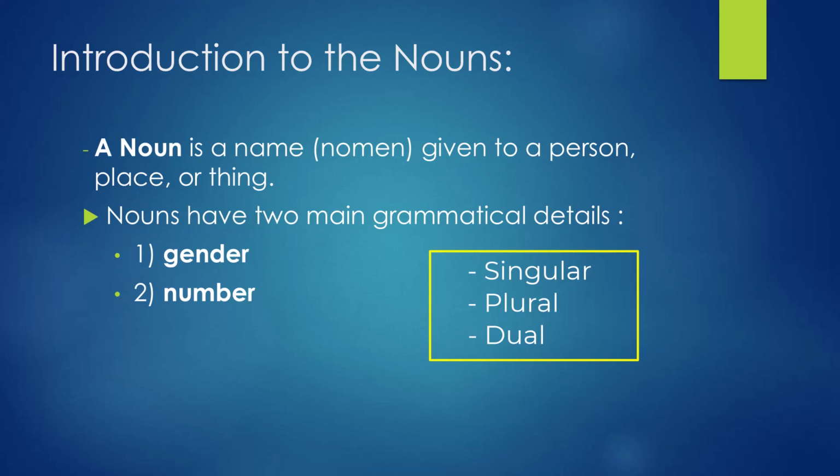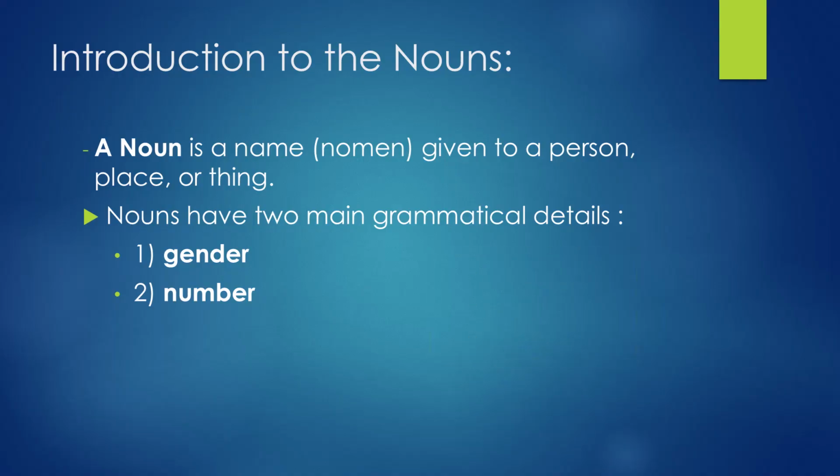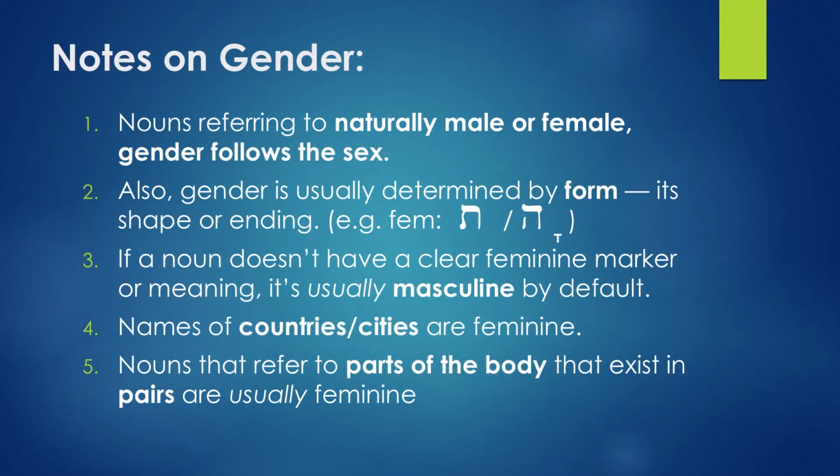So when we say number, we're indicating whether we're talking about one object, more than one object, or a pair of objects. There are three: singular, plural, and dual. This is number in Hebrew. In this chapter, we're going to look at nouns and their gender. Let's move on.